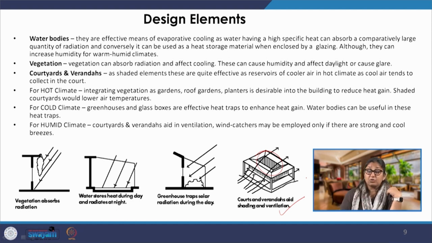While if we are looking at cold climates, we may be looking at the greenhouse. This is glass, it traps the solar radiation, it helps to create a comfortable environment. But during the night, either the surface has to be blocked by some sort of insulation, or this remains only a day use space. So, that is also a possibility.